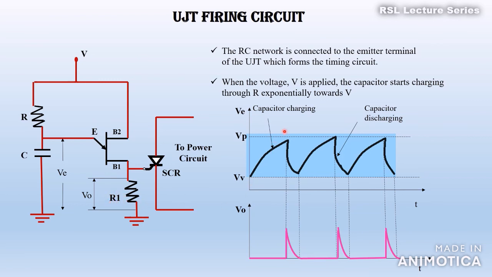Once the capacitor voltage reaches the valley voltage VV, the UJT will stop conduction. Again this process is repeated, and the SCR will be triggered each time the capacitor charges and discharges.